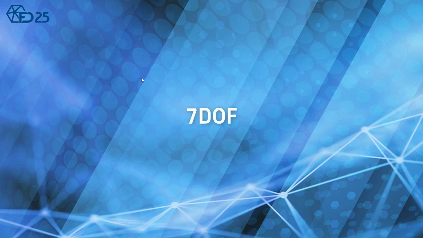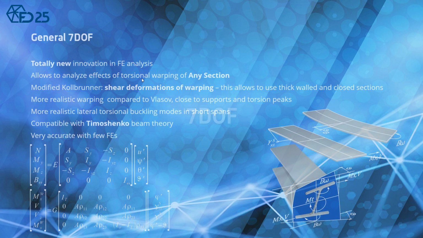So first, a few words about this new 7th degree of freedom. I just had a webinar about this topic, so I'm not going to talk about it a lot today. But if you missed the webinar, a few highlights about the new finite element model we did. This is totally new on a world scale.